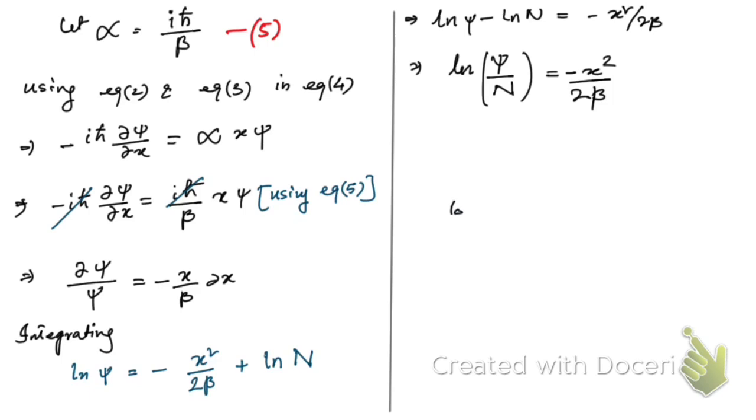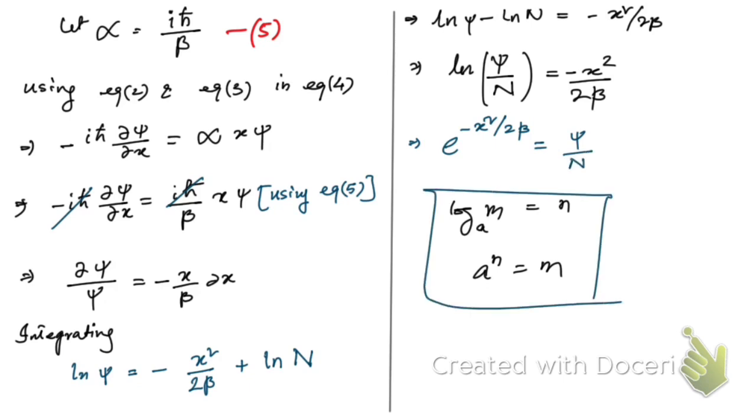We know that if log m to the base a is equal to n, then we can write a to the power n is equal to m, right? Similarly, here the base is nothing but e, when we say natural log. So we can write e to the power minus x square by 2 beta is equal to psi by N. This is according to the definition of log.